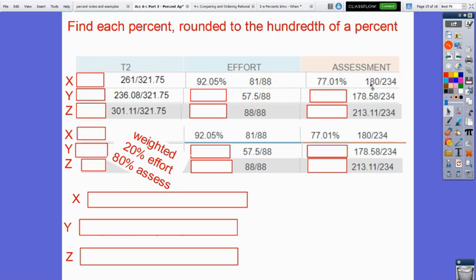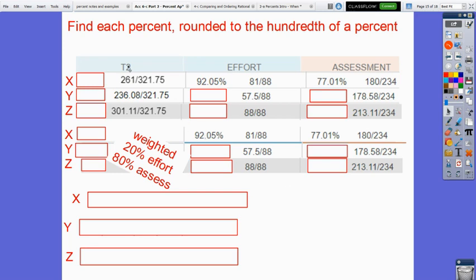That counts all these points as having the same input to your final grade. And it's supposed to be 20% effort and 80% assessment. So I had to go back and fix PowerSchool because I didn't recognize that this wasn't happening. Some people's grades changed by a little bit because of this weighting.